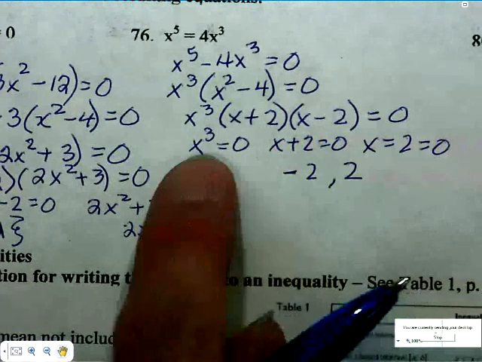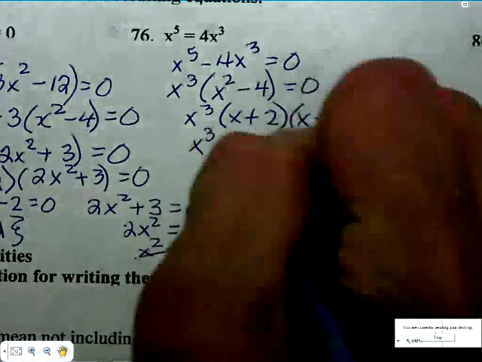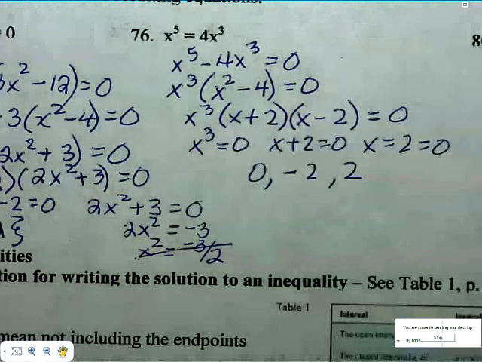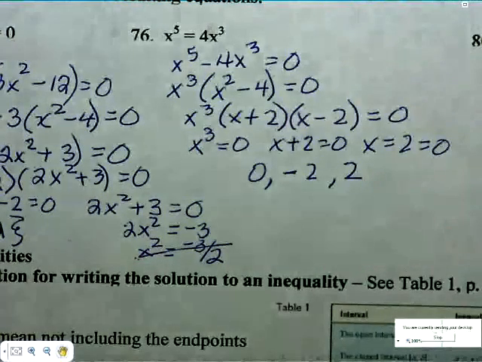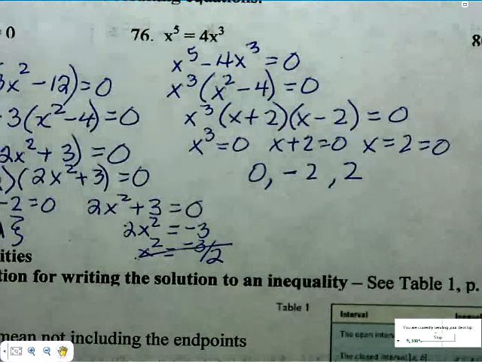Yeah, 0 cubed equals 0. So 0 is one of the answers. It's just as good an answer as -2 or +2. In my math lab, they may have braces there for you, and you just fill in the braces. But if they don't, just list the solutions.